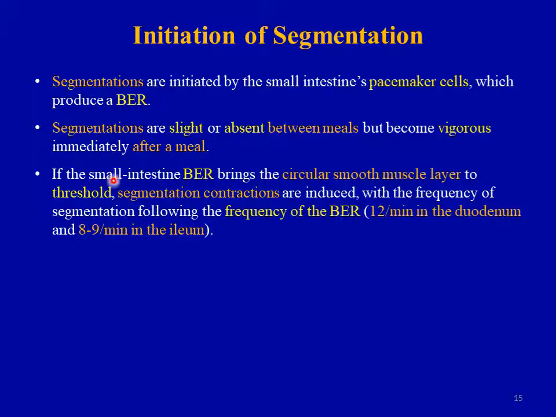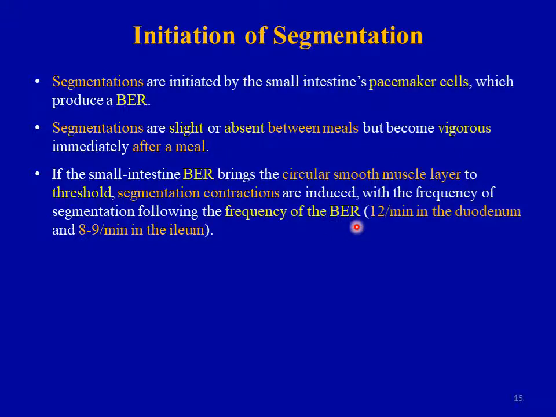If the small intestine basal electrical rhythm brings the circular muscle cell layer to threshold, then segmentation contractions are induced, with the frequency of segmentation following the frequency of the basal electrical rhythm.